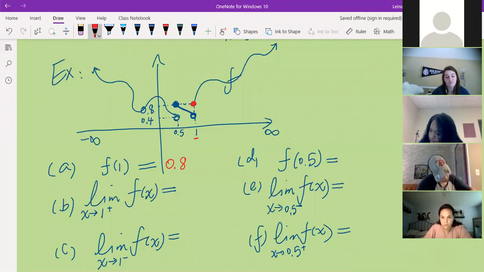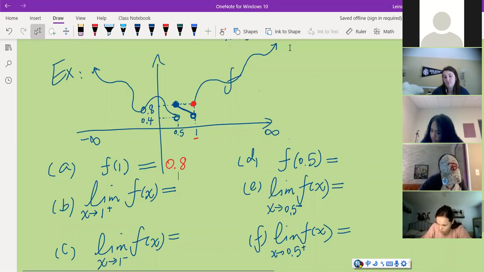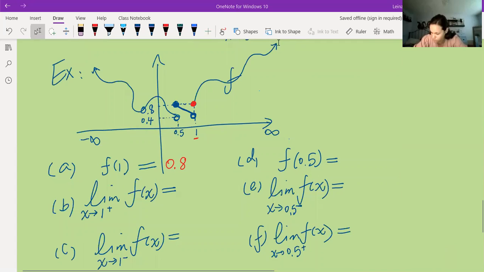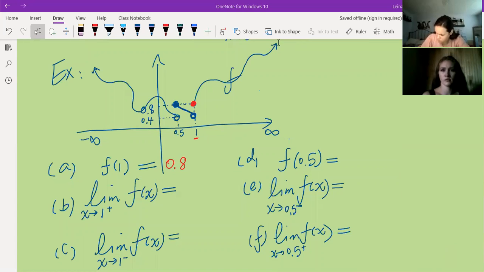Okay, question B. What is the limit of the function as x approaches 1 from the right? From the right. Jordan, I see your answer. That is correct. Anybody want to send me your answer? I can check it. Elijah? Did you look at the y coordinate? You're going to read the y coordinate, okay?